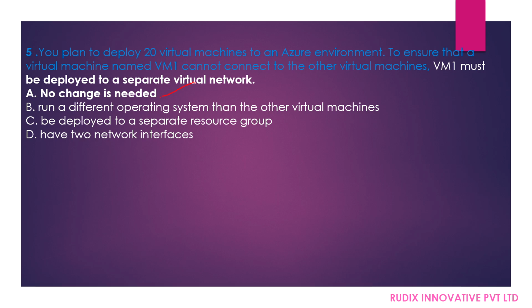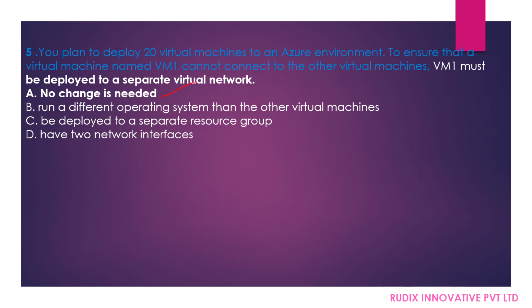Option A requires isolating virtual machine 1 from other virtual machines. No change is needed implements the correct deployment setup; insufficient would be the case if isolation is not required. Option B, running a different operating system does not inherently isolate VM1 from the other virtual machines. Network isolation is typically achieved through network configuration rather than operating system.